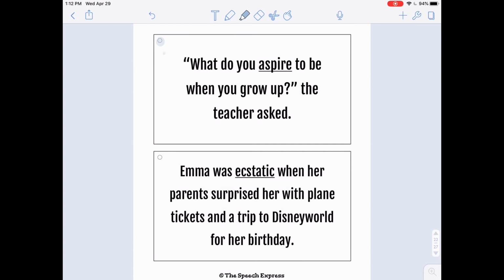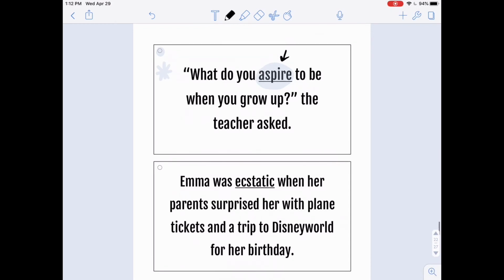I'll start by demonstrating this top one here, and you can try the bottom one. What do you aspire to be when you grow up? The teacher asked. Have you ever heard this word, aspire? Even if you haven't heard that word exactly, you might have heard this phrase before. What do you blank to be when you grow up?